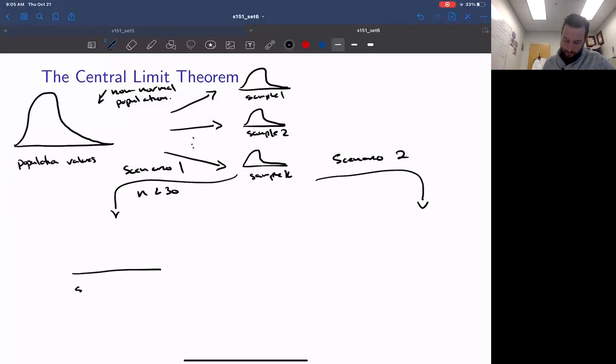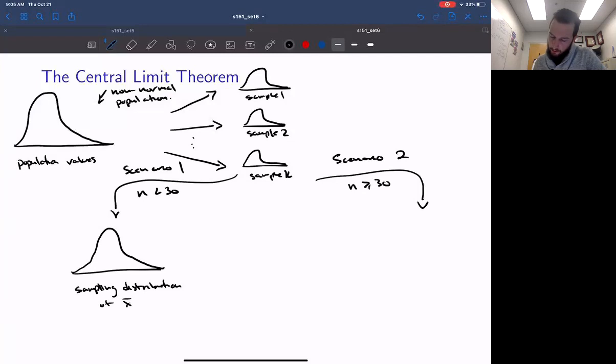If n is less than 30, then the sampling distribution of X bar is still going to be non-normal. So it's going to be kind of right skewed.